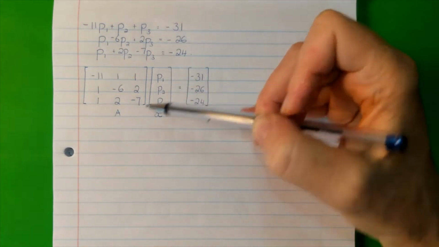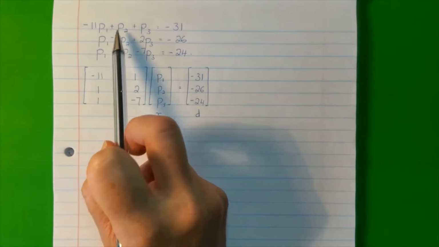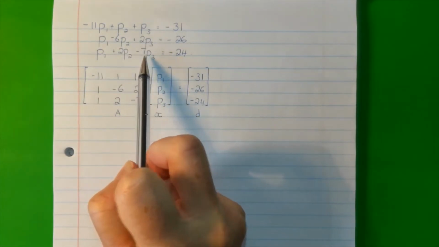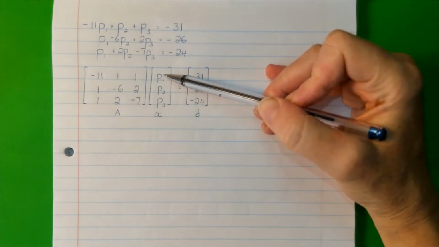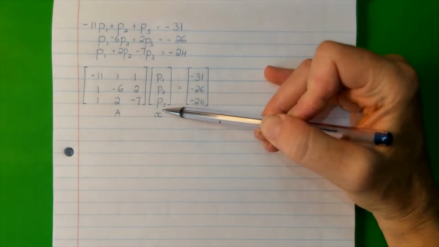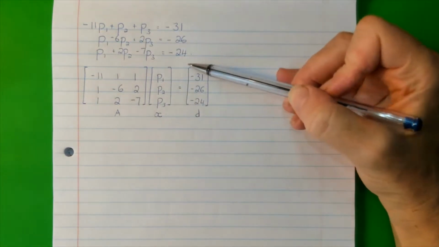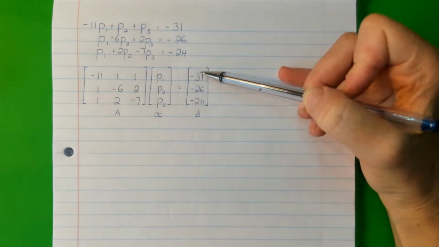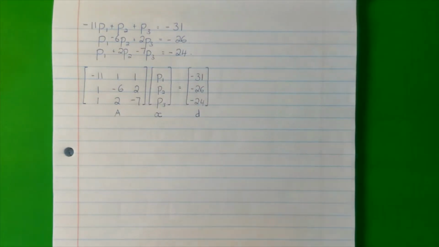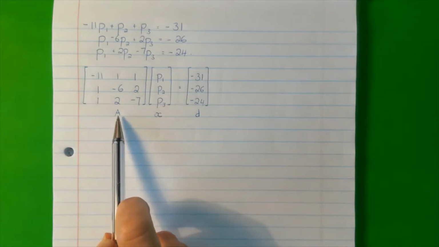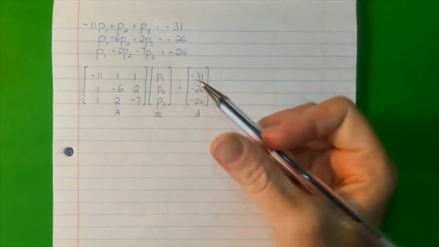So we will have, in this case, P1, P2, and P3, which are the variables that we will be solving for. And then finally, we have our column vector of constants. So we've now set it out in this format, AX equals D.